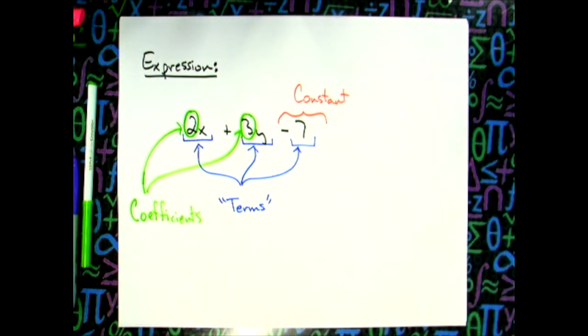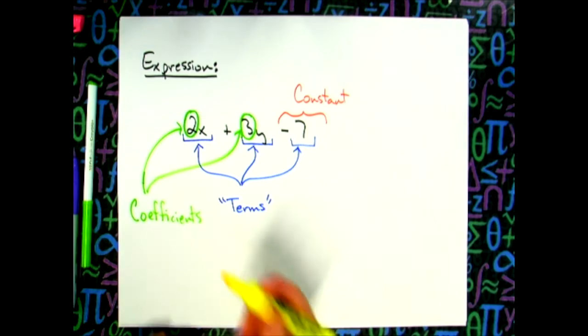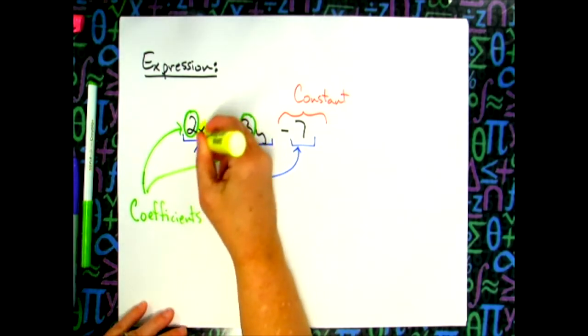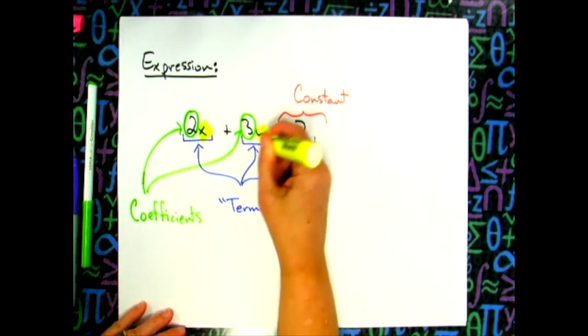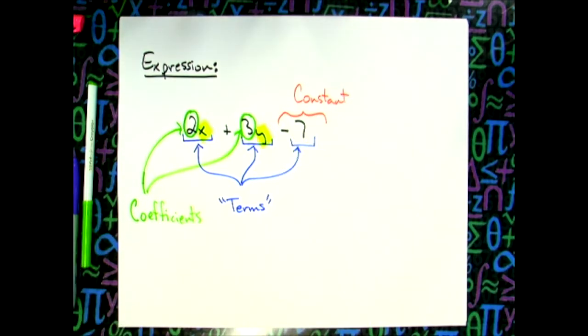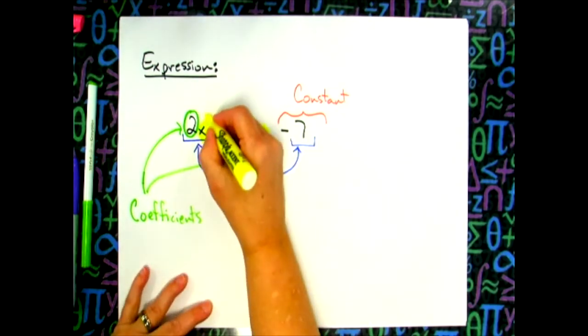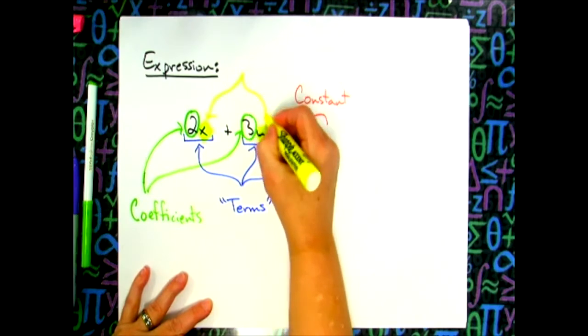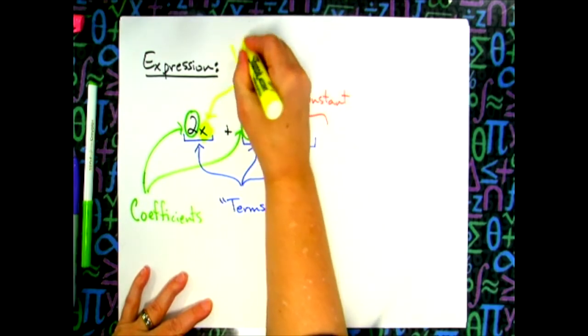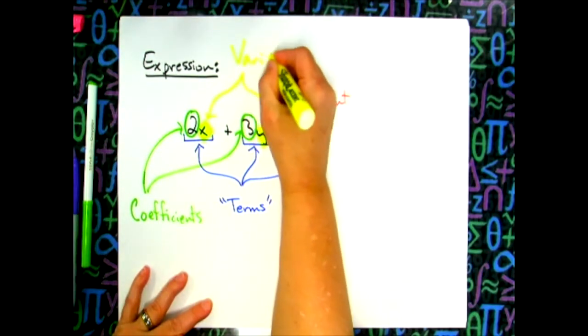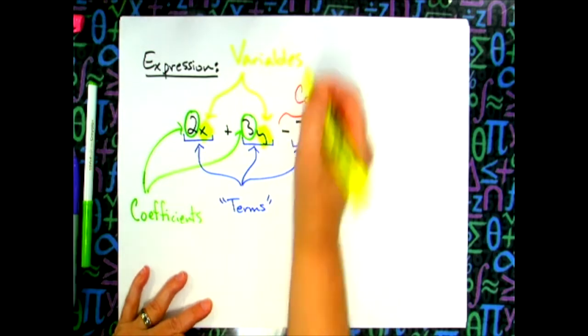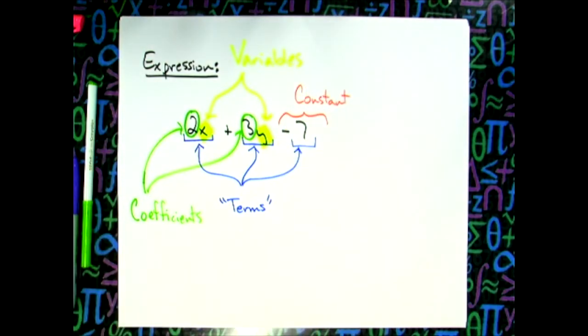Okay. And then the only other thing that is left is the x and the y. All right, the x and the y are the variables. Hoping we can see that yellow. Yeah, it's not too bad.